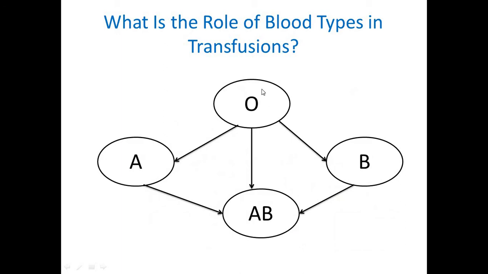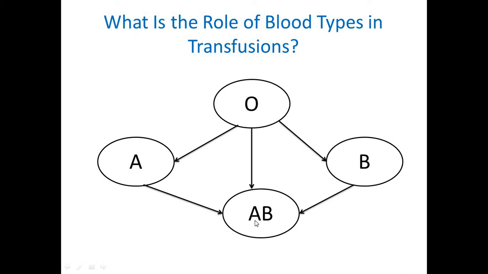As we can see, type O can give to A, can give to AB, can give to B, and can also give to itself. A can give to itself and to AB only. B can give only to the same type and also to AB, because here there is no clumping protein.